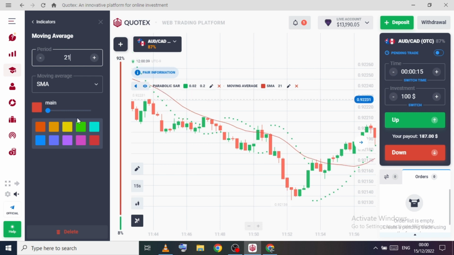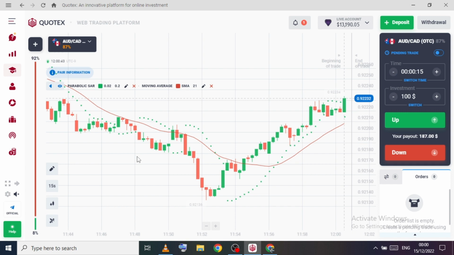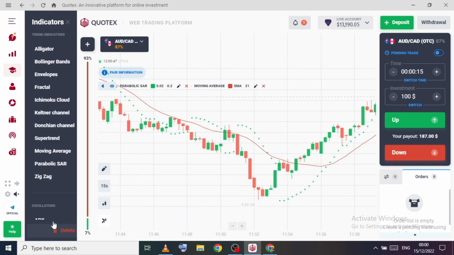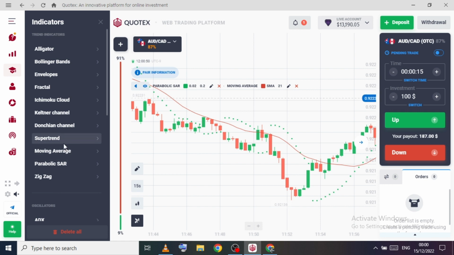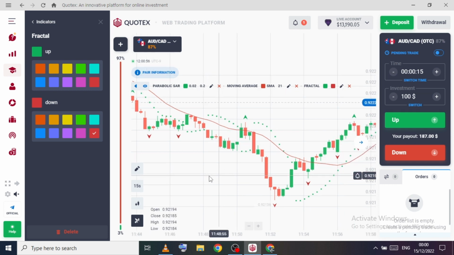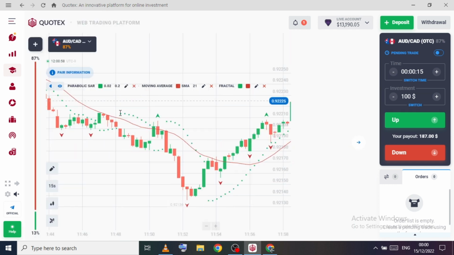The red is cool. So that's our Parabolic Sar, SMA21, and then we want to have a fractal. Fractal is default settings again.